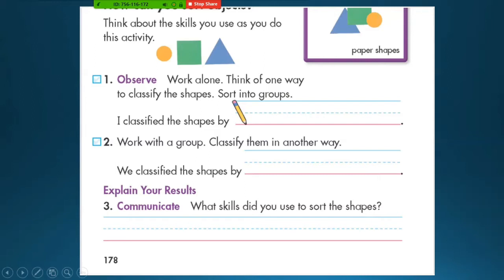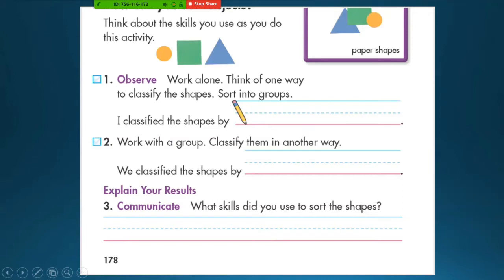If you work alone or in a group, how do you sort these objects into groups? We said yesterday we can sort them by their color, shape, or size. So we classify the shapes by color, shape, or size. If we classify them by shape, we put circles alone in one group, squares in the second group, and in the third group we put triangles.